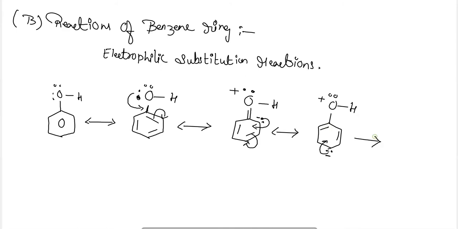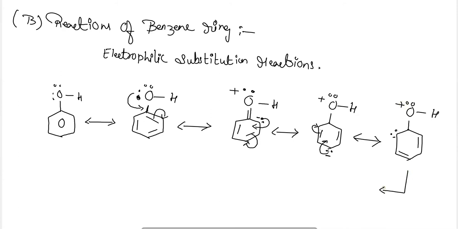Sorry, I drew this bond wrong. Here it will be like this, and this pi bond will get shifted to another carbon atom. So here the lone pair, the double bond, and OH with a positive charge.